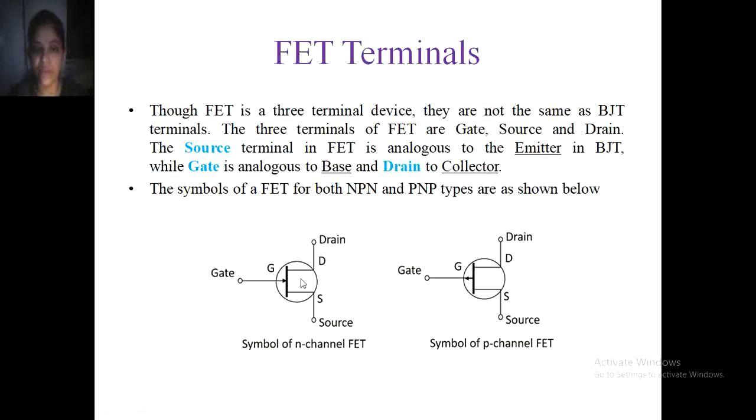The following symbols show the N channel and P channel types of FET. In the N channel FET, the arrow points towards the N region, and in a P channel FET the arrow points outward from the N region. So again, like the BJT, the arrow always indicates where the N region is.